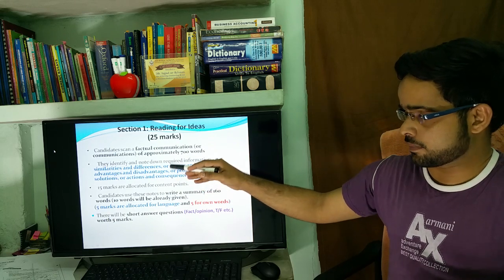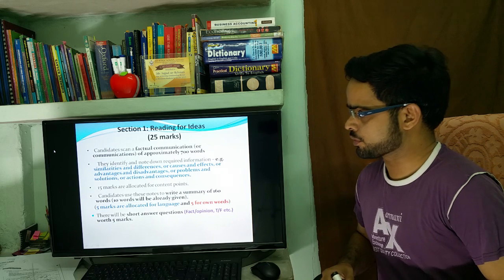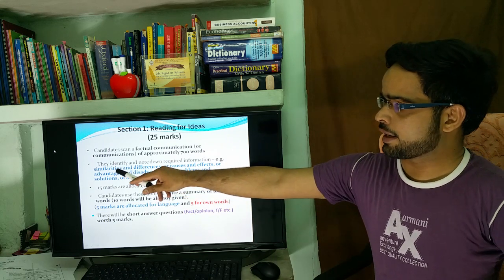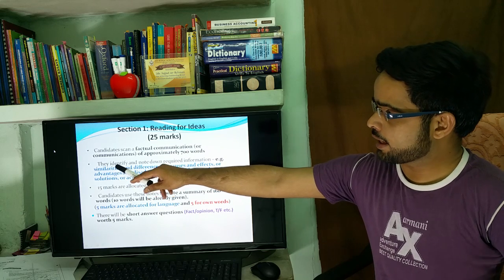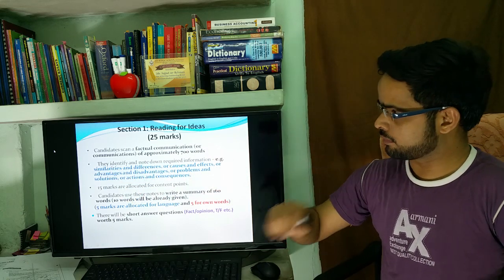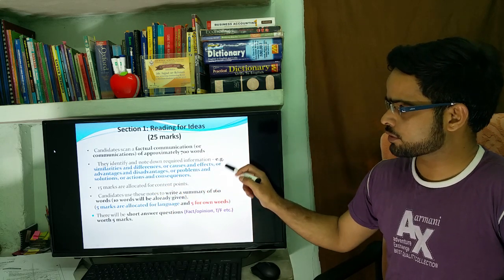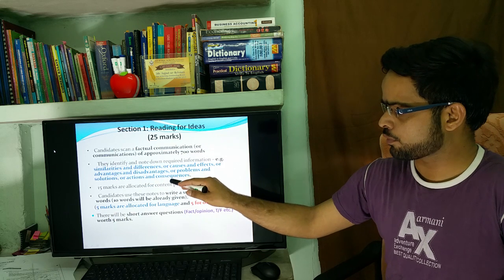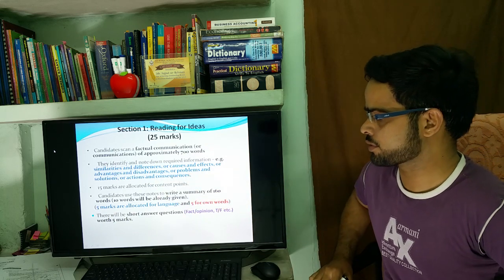For example, in the similarities box, if they are asking similarities, you need to write similarities of that particular topic, and differences, or causes and effects, or advantages and disadvantages, or problems and solution, or actions and consequences.